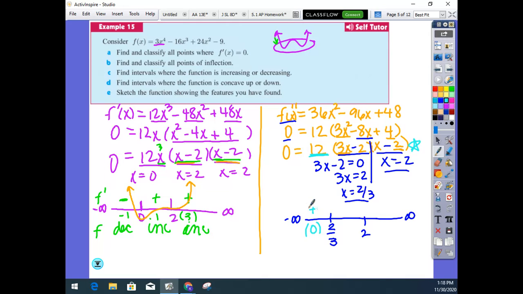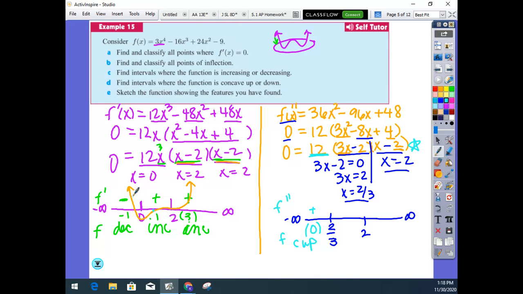So let's think about coming back over here. That means if f double prime is positive, f is concave up. Looking at this graph here, see how this is kind of concave up here to that point? So far that should make sense.